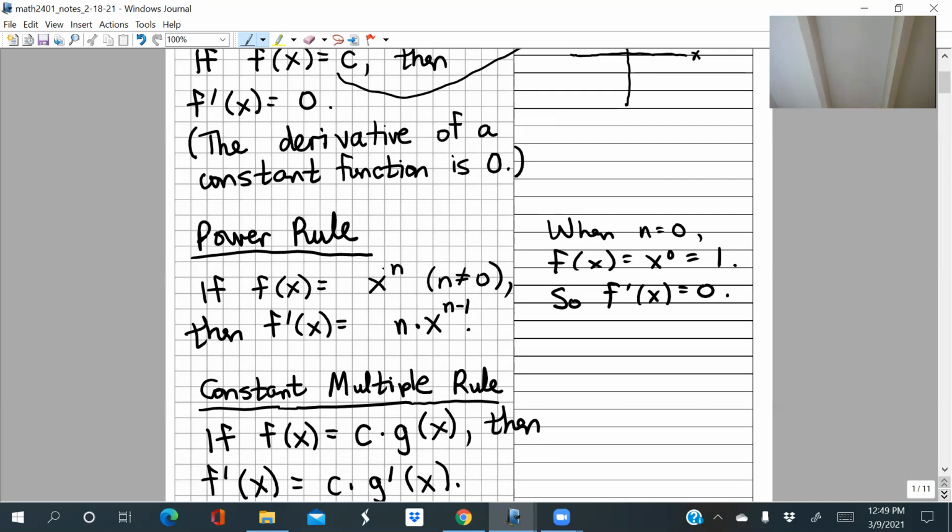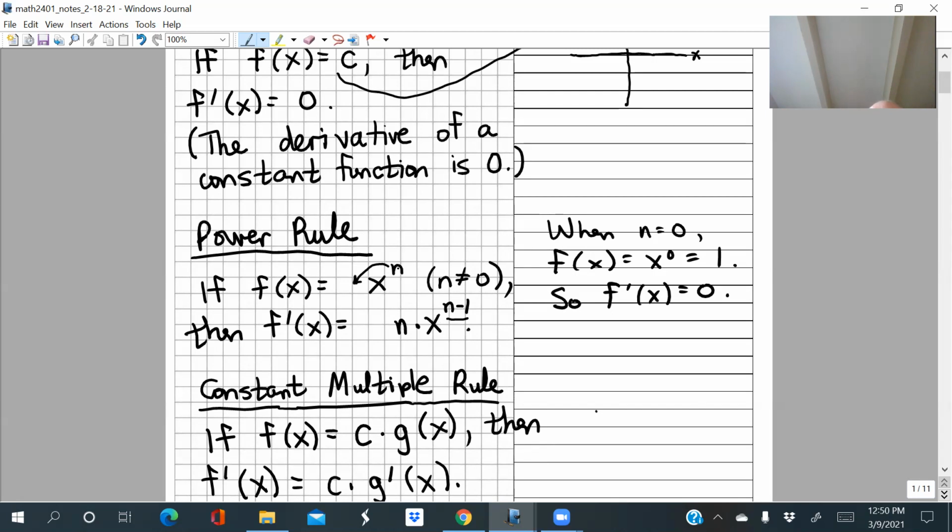Okay, so for any exponent at all, here's what the power rule says. Here's how you take the rate of change function. Here's how you take the derivative. What you do is simple. You bring the exponent down as a coefficient in front, and then you subtract 1 from that exponent and leave that as the new exponent.